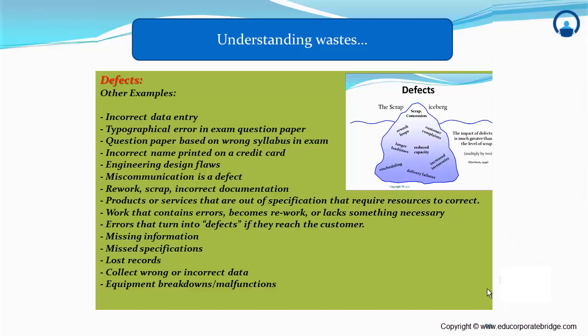Then errors that turn into defects, if they reach the customer, will be a big problem for the customers. Now you can imagine, if a manufacturing plant setup is going on, and the equipment being installed is found defective, the entire manufacturing plant cannot start normal operations because that particular item is wrong, and they will have to wait till it is replaced.